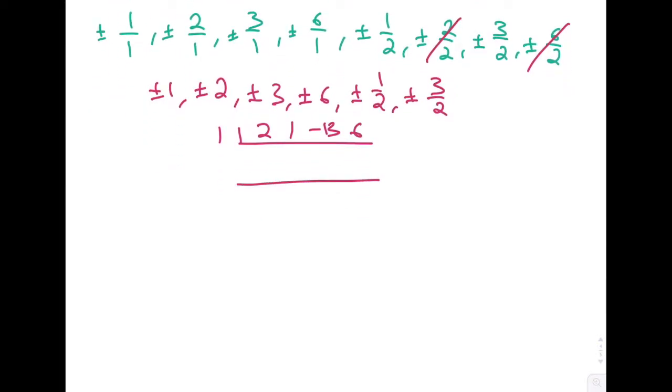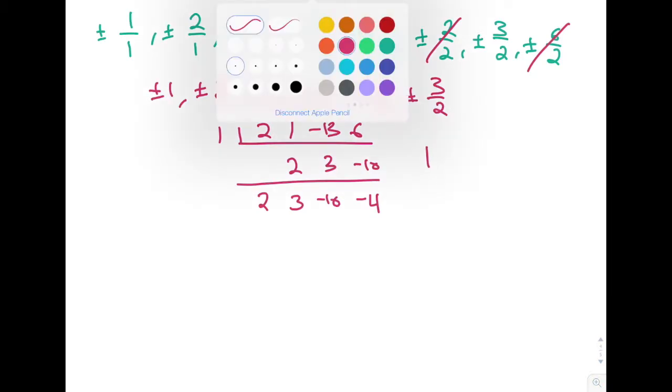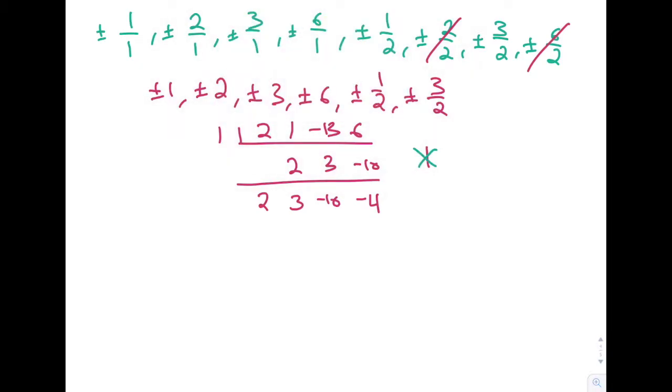We drop down the 2. 1 times 2 is 2. 1 plus 2 is 3. That gives us 3, negative 10, and then negative 4. So what this tells us is that 1 is not a 0. So now let's try positive 2.